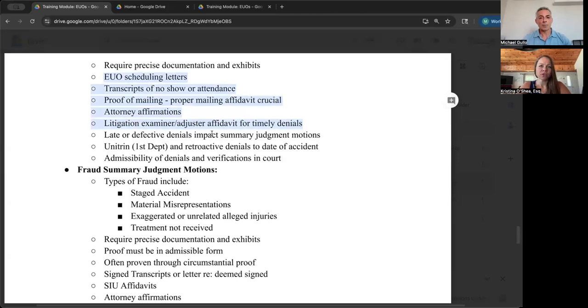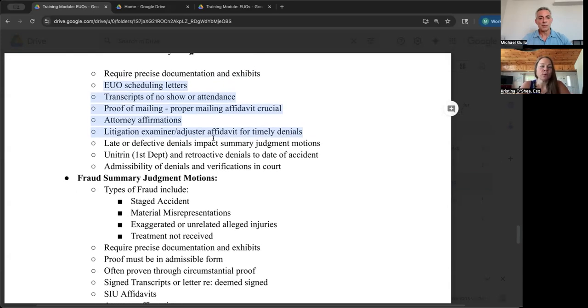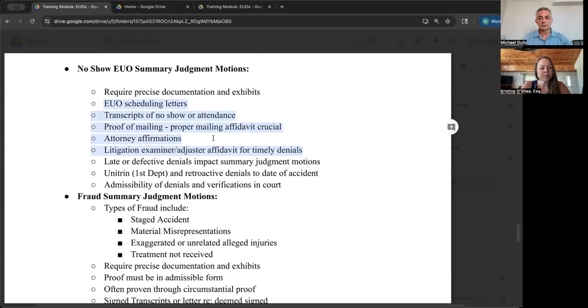Right. And we want to make sure that we have our forms, and there's a non-negotiable checklist of what we want to include on any given summary judgment motion. But we do pay very close attention, because sometimes they change case by case. The general construct of a litigation examiner or adjuster affidavit tends to be the same from motion to motion.